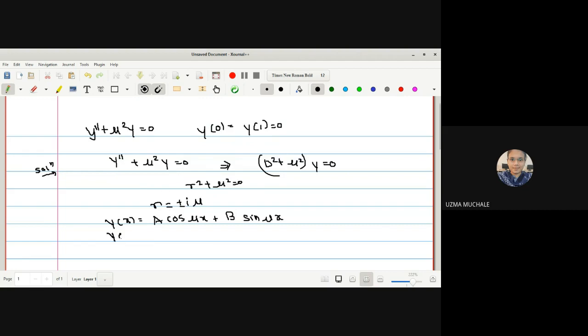Okay. So for that, first I will put y of 0 is equal to 0, and then y of 1 is equal to 0. Okay, put up the values and tell me what are the values of A and B, and whether you get y is equal to 0 as a trivial solution.